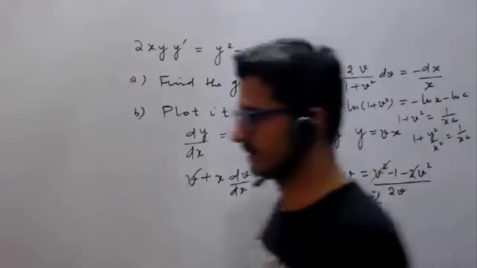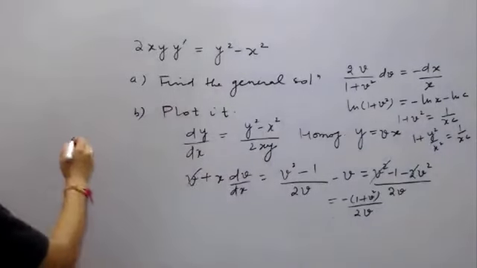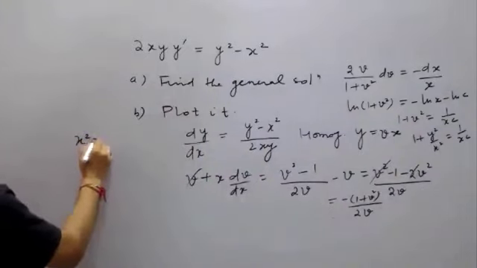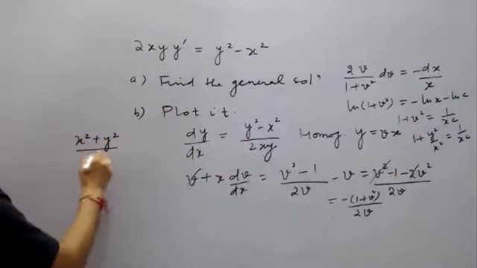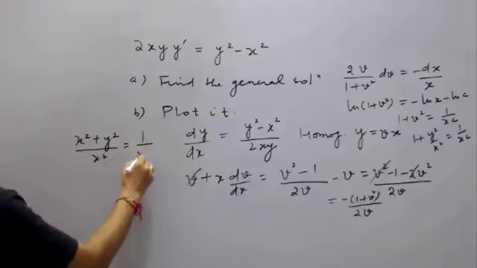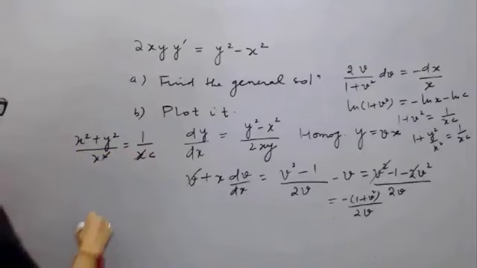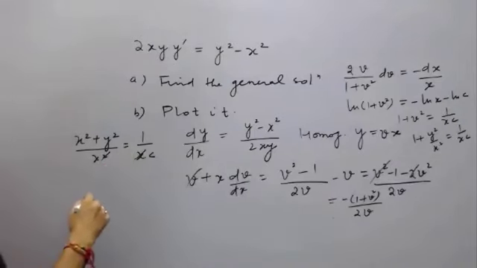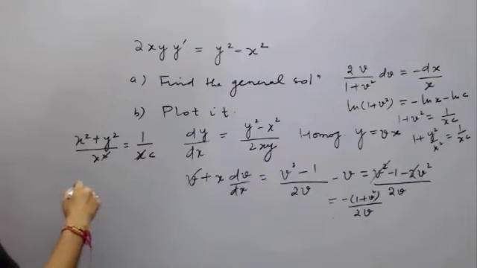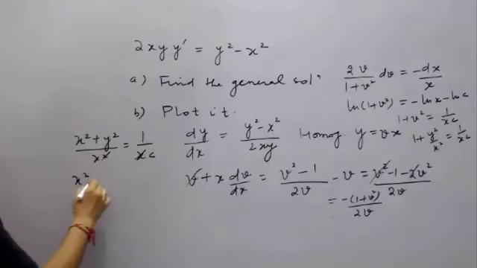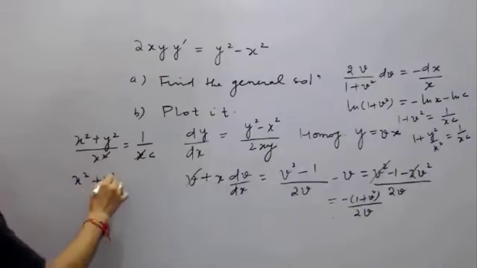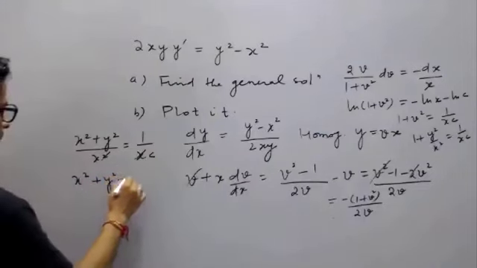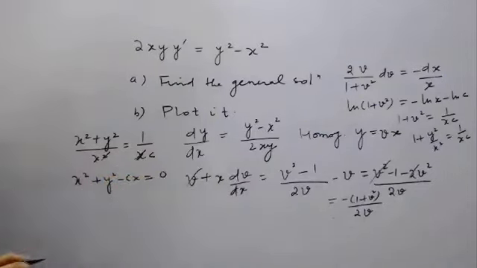So let me write it in a better way. It will become x square plus y square over x square equal to 1 by xc. So x and x will be cancelled, and it will become x square plus y square minus cx is equal to 0.